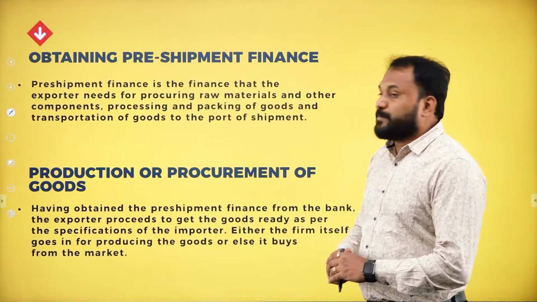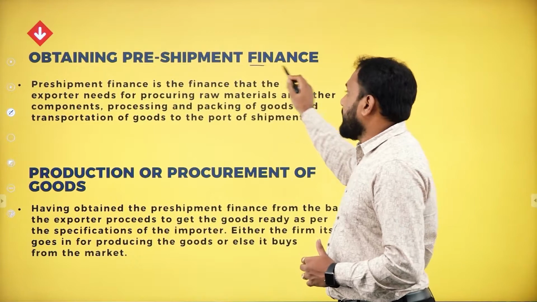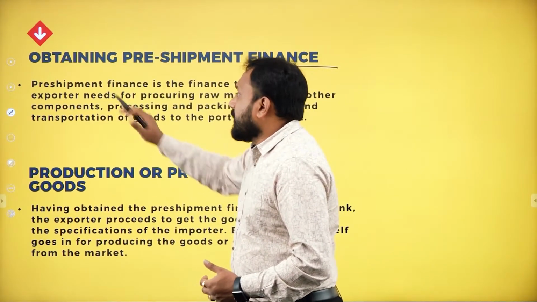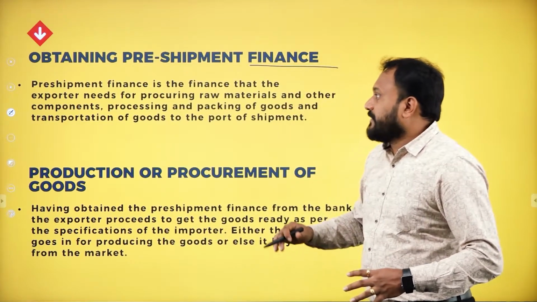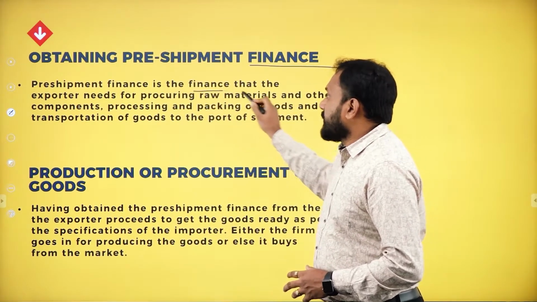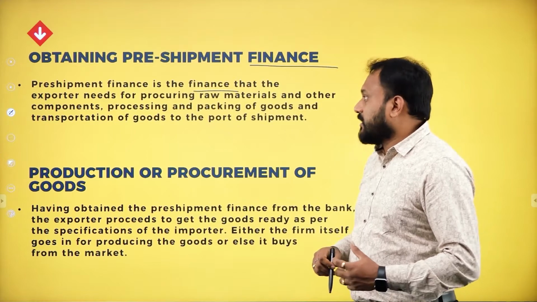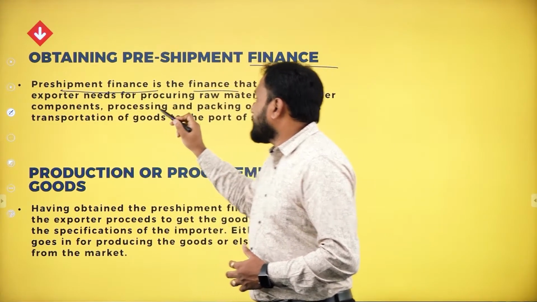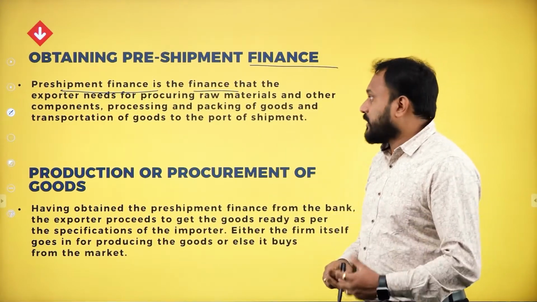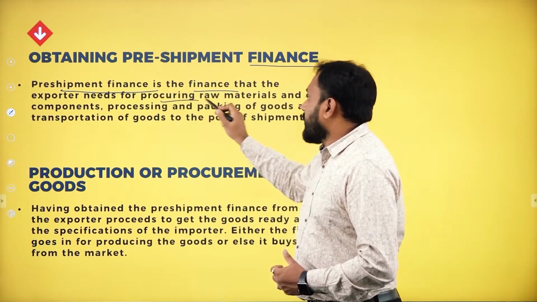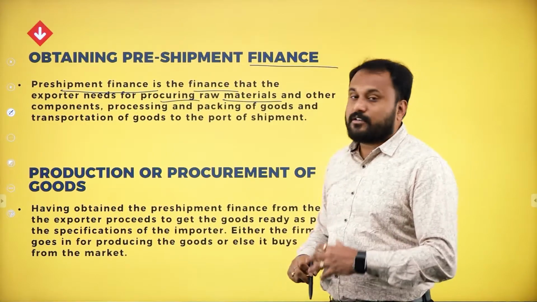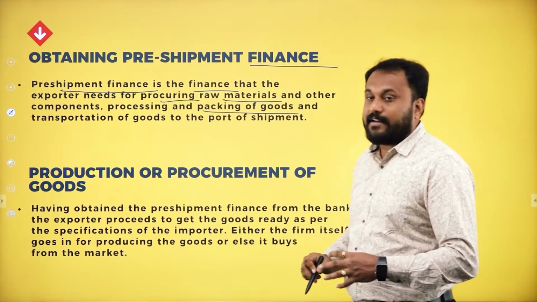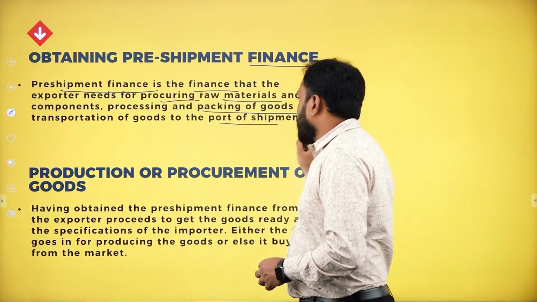The next one is export pre-shipment finance. That is, you will go with obtaining pre-shipment finance. Pre-shipment finance is the finance that the exporter needs for procuring raw material and other components, processing and packaging of goods, and transportation of goods to the port of shipment.